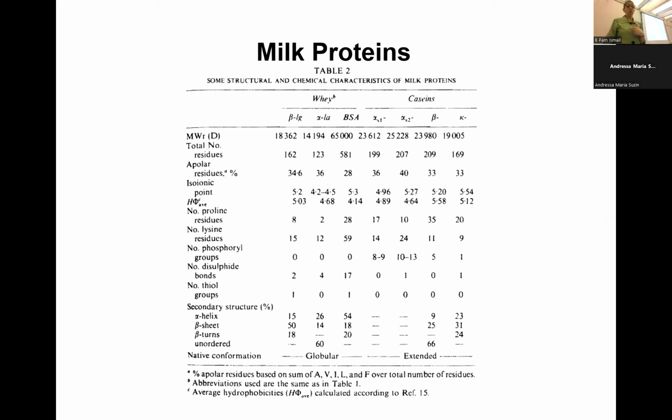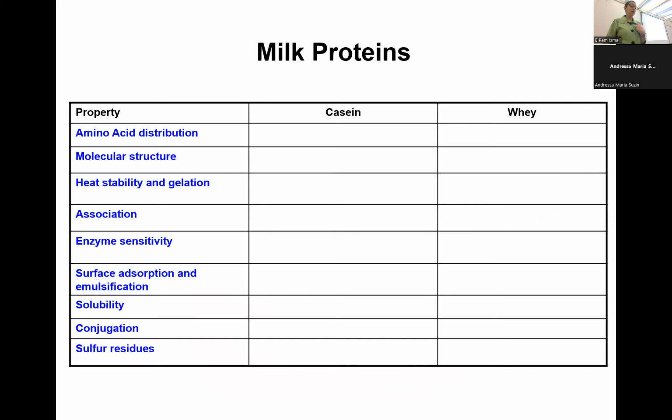But what I want you to know is this table, which we are going to fill in together. So how does the amino acid distribution differ in casein and whey? When I say amino acid distribution, I'm talking mostly about clusters of hydrophobicity and clusters of hydrophilic residues. How are these two different?